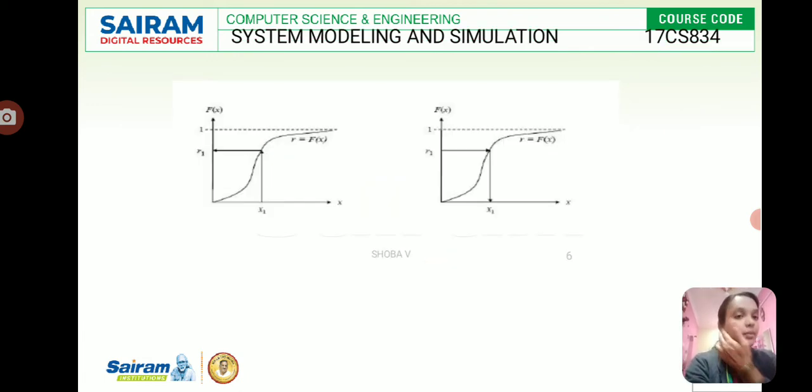For example, in the place of F of x we can give 11, and the inverse is F inverse of x. This is the statistical phenomenon.